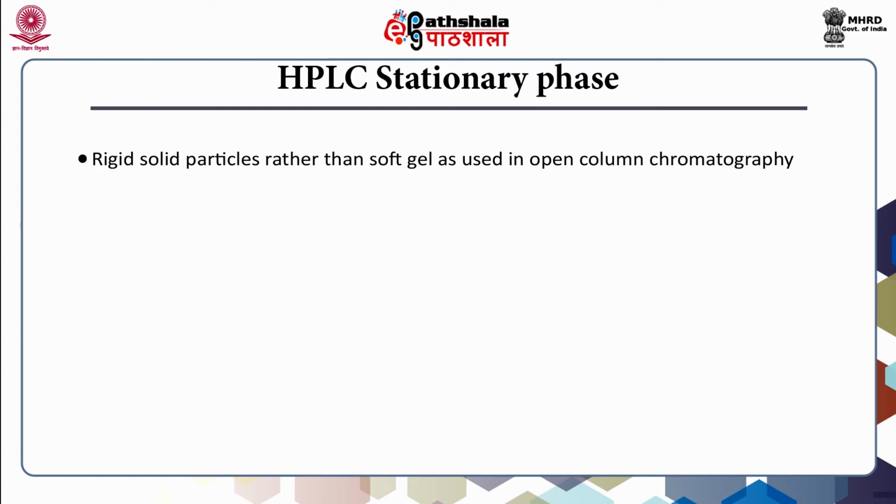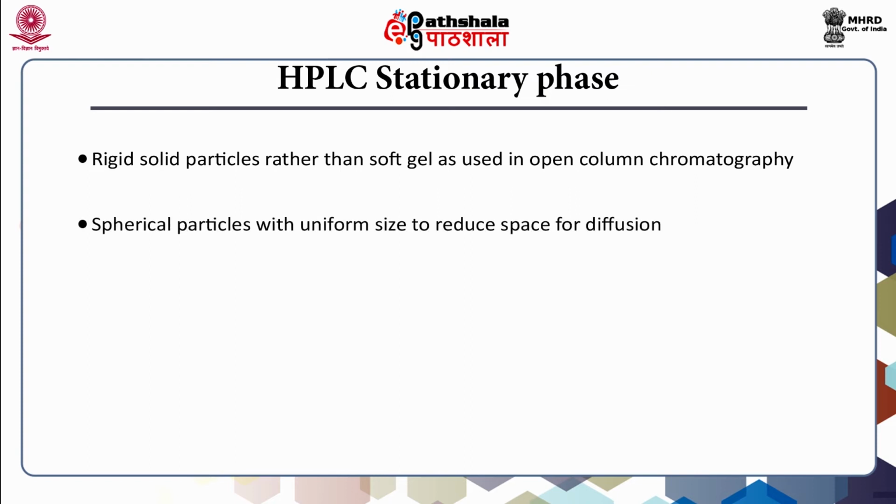And the second important property is that these solid particles should be spherical in shape. That means there should be spherical particles with uniform size to reduce space for diffusion. So, when spherical particles are small and also spherical, they reduce the space for diffusion.